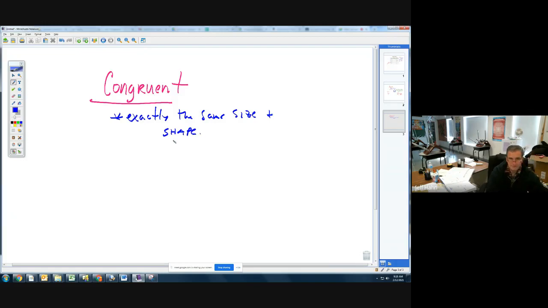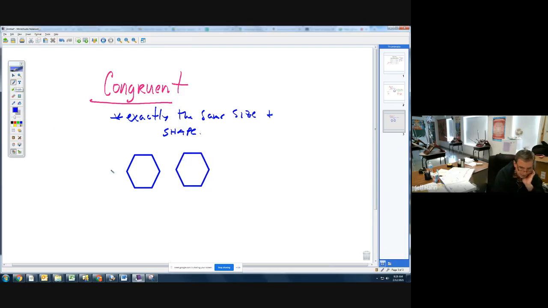Okay, which would mean if I have, let me pick a different shape here. How about a hexagon? In order for 2 hexagons to be the same, it would have to be exactly the same.